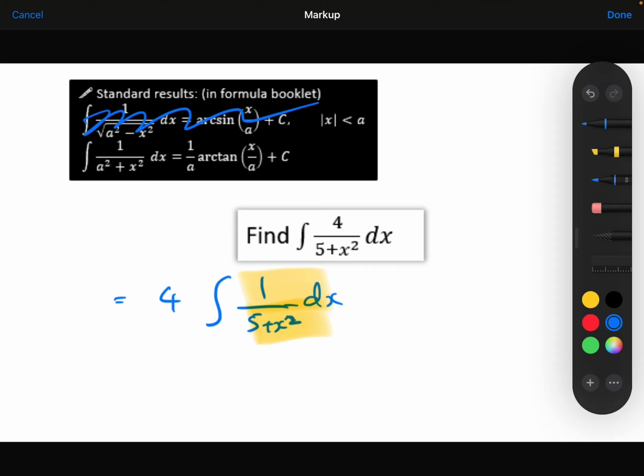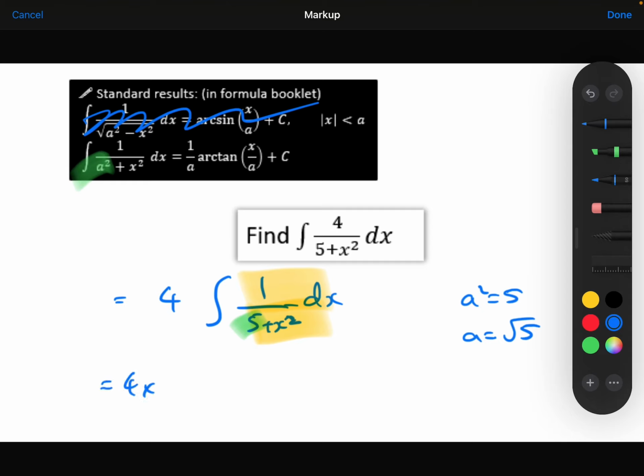So comparing my results to the arctan, my a squared is 5, which means that a would be root 5. Other than that, I can just use the result directly as it is. So I've got the 4 at the front.